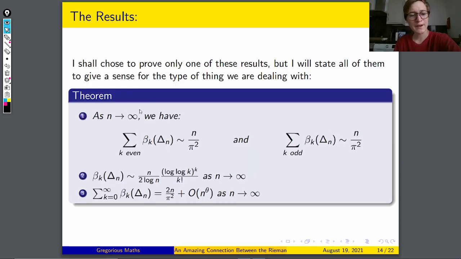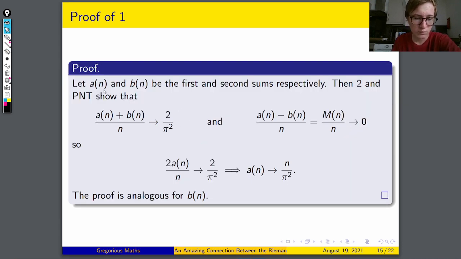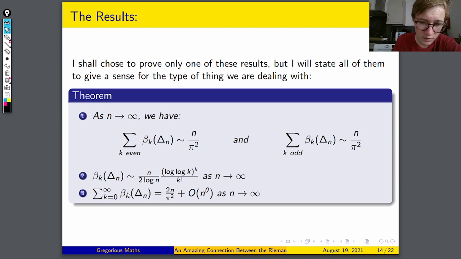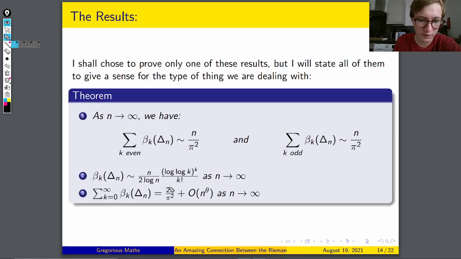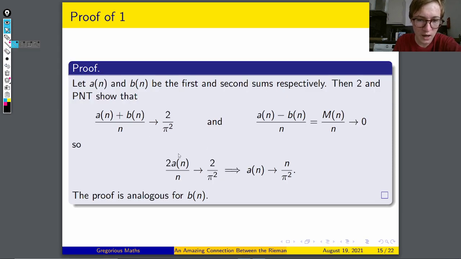So, if we let a of n equal to this thing, and b of n equal to this thing, then we get the following. Part 3 of this theorem says that when we add both of these things together and then divide by n, we're going to get 2 over pi squared, because we're just going to cancel out the n, as n goes to infinity, of course.